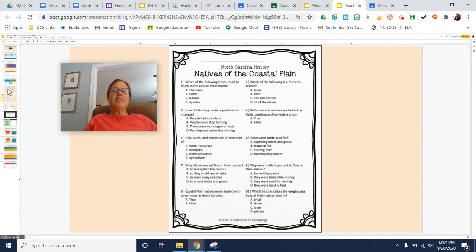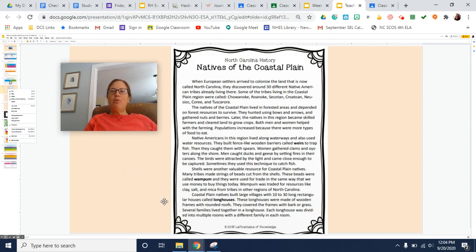Go to the text, yes or no. Did both men and women work to hunt or to grow crops in the fields? It's sentence right here. Pause. Find your answer using your text evidence.